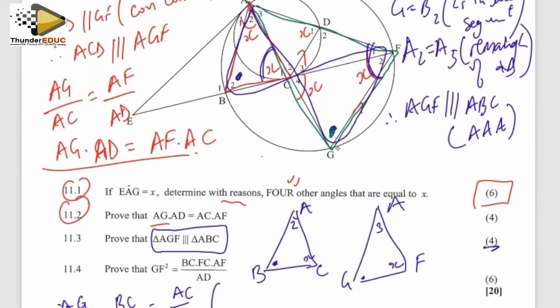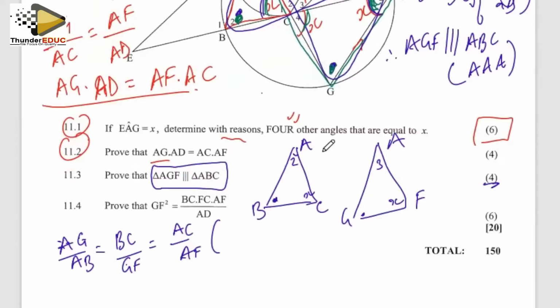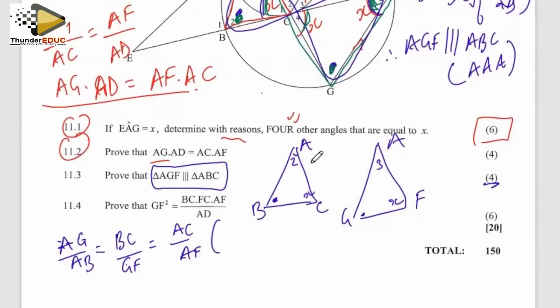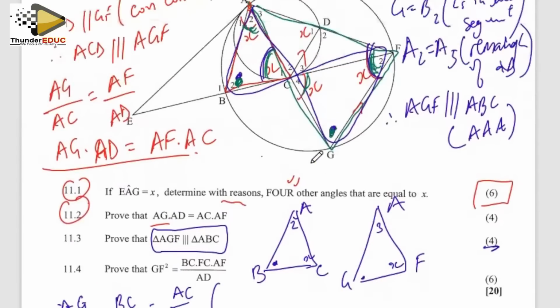Because of this and that. Then this angle here, and this angle here as well. Then this one and that one, vertically opposite. So they are similar.